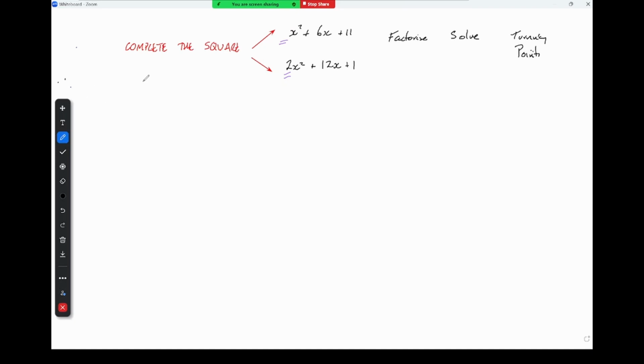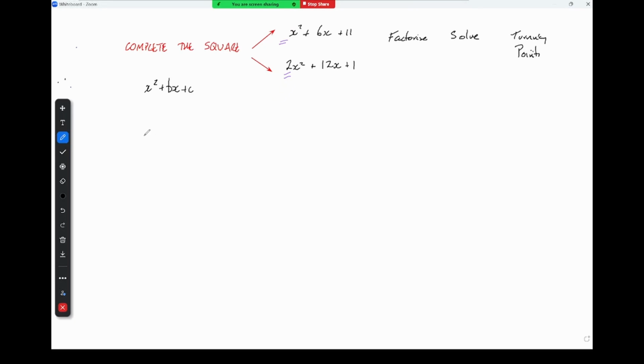So the first thing is that if I look at this type of quadratic that hasn't got anything other than, well, as you know, it's just not written, but there's a 1 there in the front, I could write the general form of that quadratic in the format of x squared plus bx plus c.